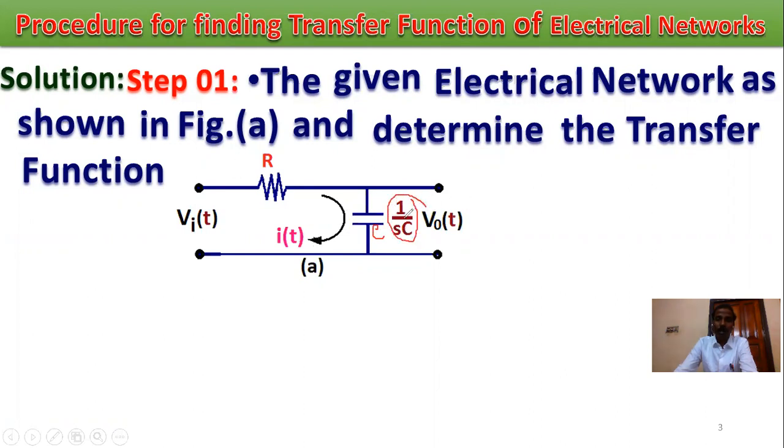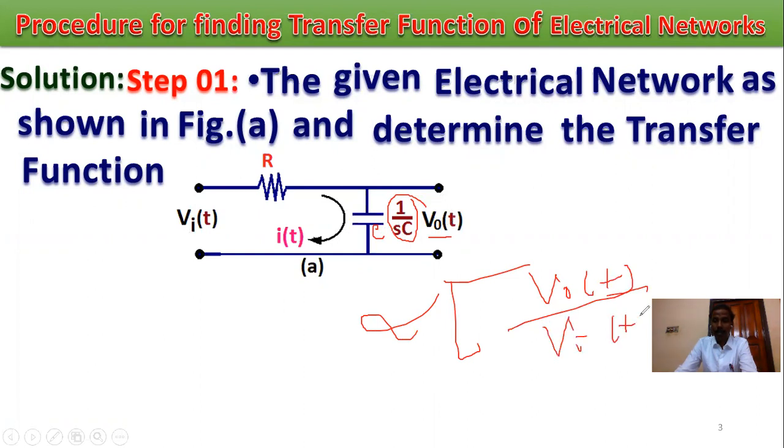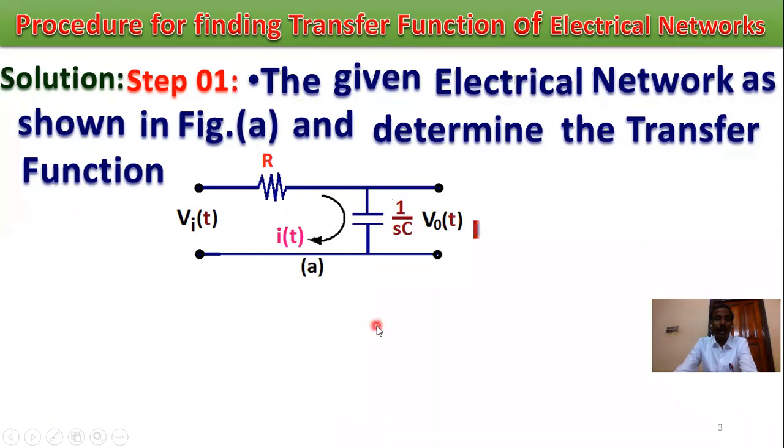Then calculate the output voltage V0 of t divided by Vi of t, that is, the Laplace transform of V0 of t divided by Vi of t, with all initial conditions zero. This is our figure A.